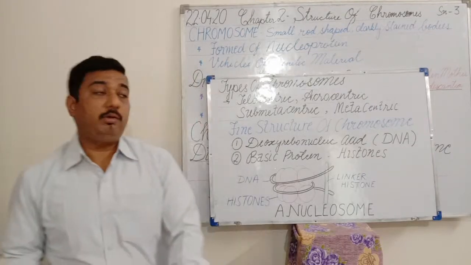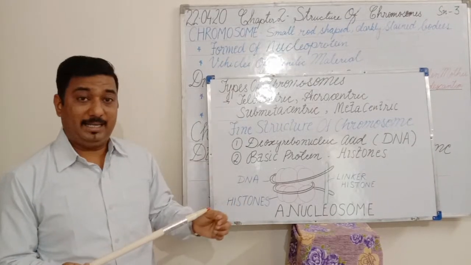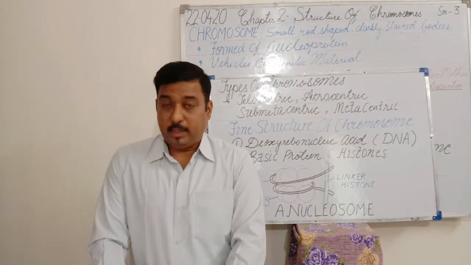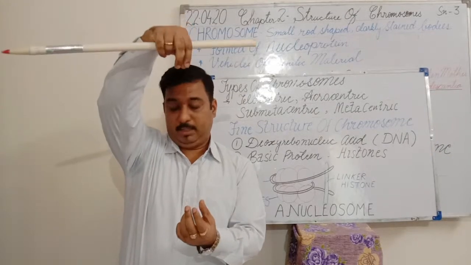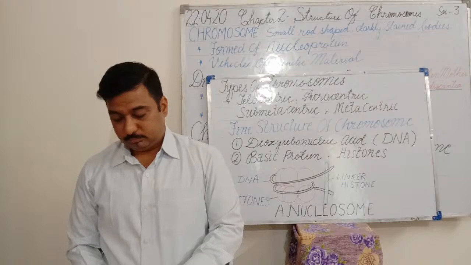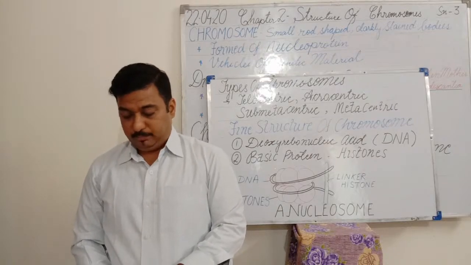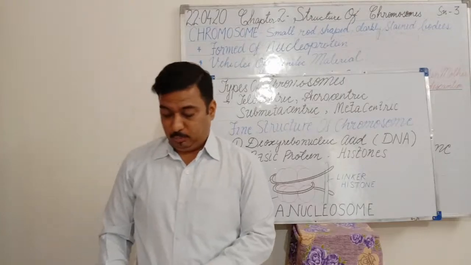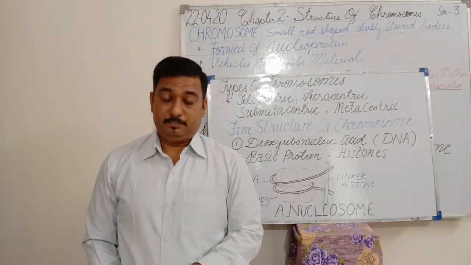So the centromere you will find at one end. It will be rod shaped with the centromere at the terminal end. They possess only one arm.